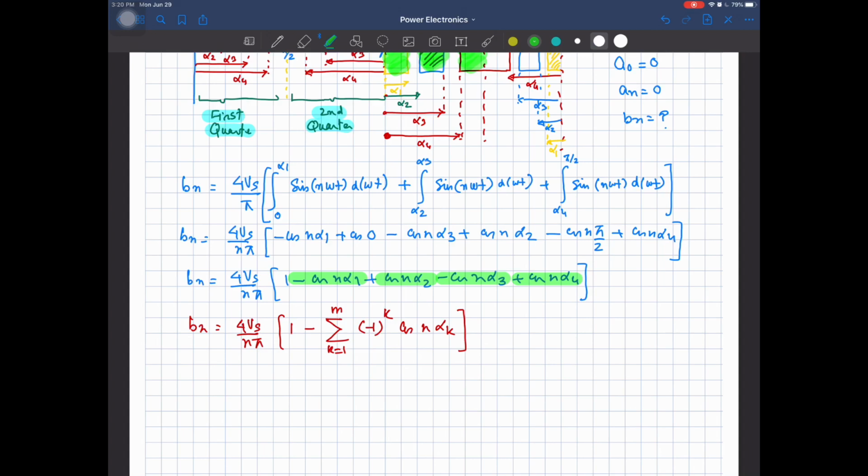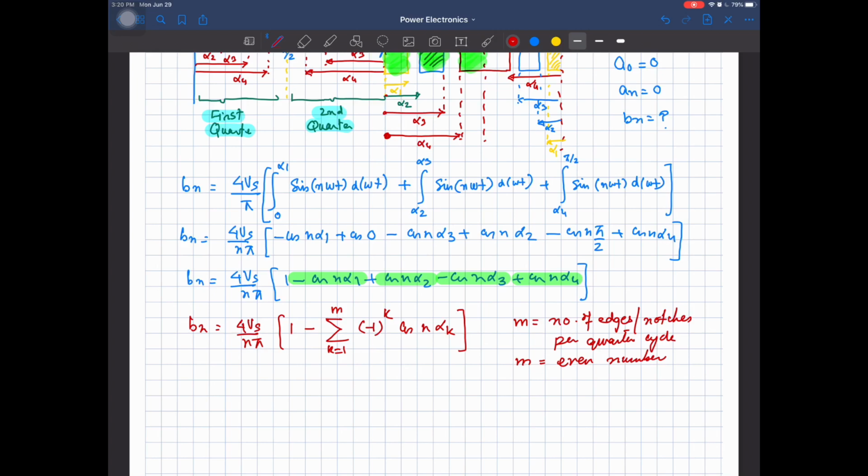This equation will be valid where m represents the number of edges or notches per quarter cycle, and in this particular example m is an even number, if you extend it for a large number of pulses or edges.